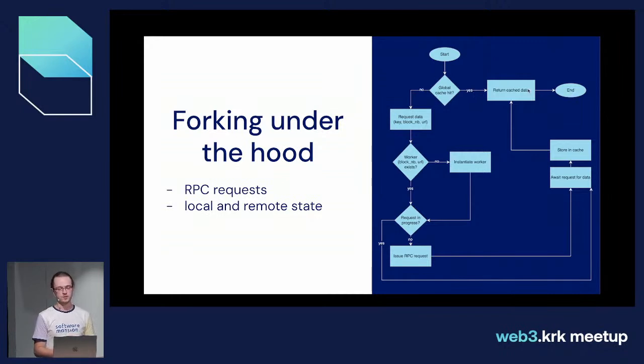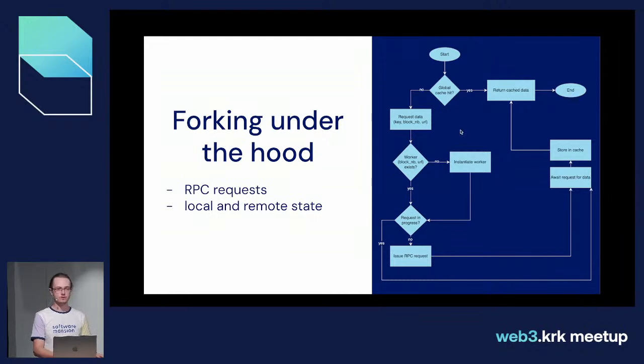If yes, we can just return the data, but if not, we request the data with block number and URL, set up some worker if it doesn't exist, create a request, and wait for it. Store the result in the cache. It's really important because we don't want to make more requests with the same data. And yes, that's it. That's pretty simple.